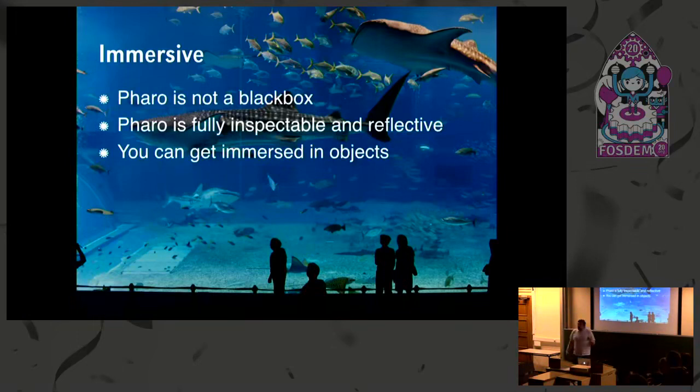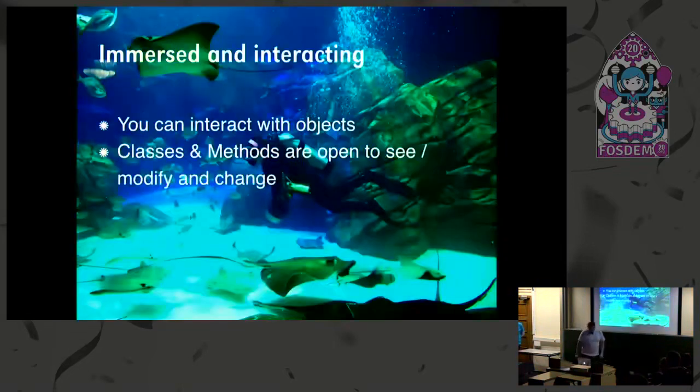It's fully inspectable. We can check all the objects in the image, all the objects in the memory, and we can change them, and they have a lot of reflective API to modify. Also, you can interact with all the objects, and classes and methods are also objects.